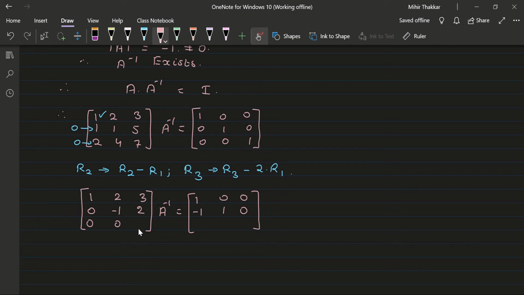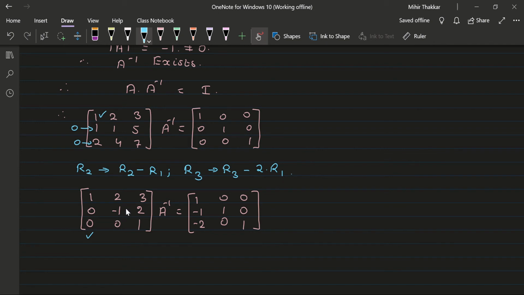So 7 minus 6 is 1. 0 minus 2 into 1, -2. 0 minus 0, 0. 1 minus 2 into 0, so 1 minus 0 is 1. So that is about your third row. So that is completion of our first column, and now we will move on to the second column.